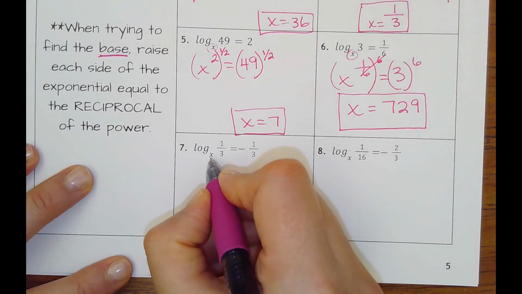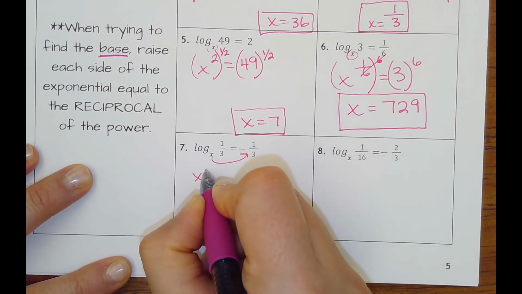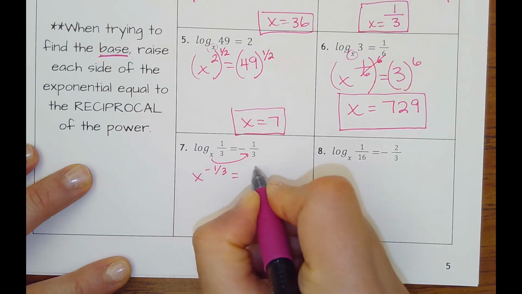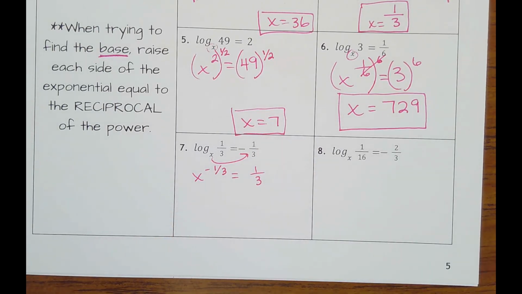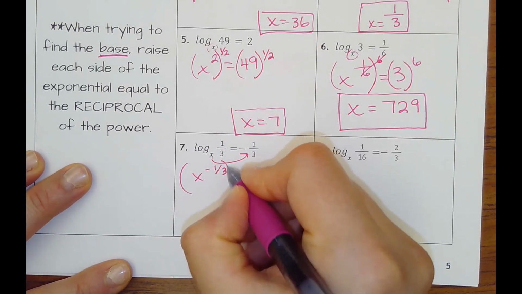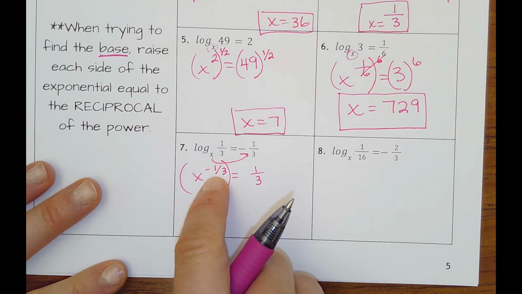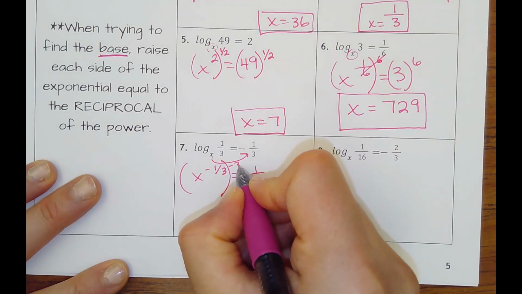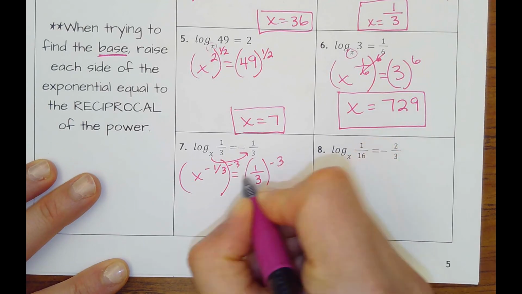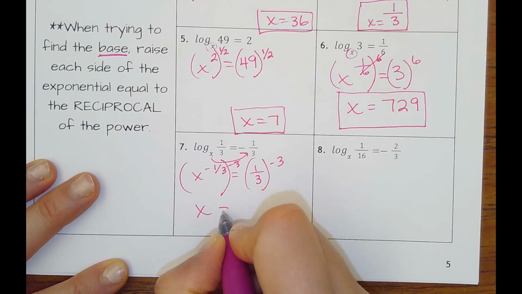All right, number 7, we have x to the negative 1/3 power equals 1/3. So what I would do to get x alone is take it, not times, but to the reciprocal of this power. Got to keep it a negative. We want to flip 1/3, so we're really taking it to the negative 1/3 power, because these will multiply to just make x to the first or x.